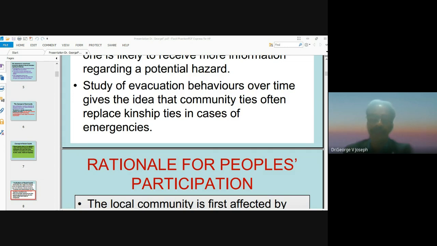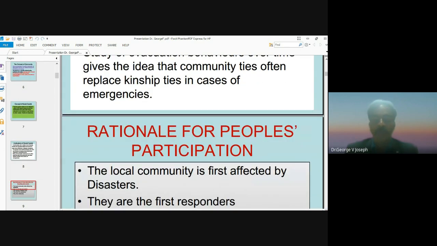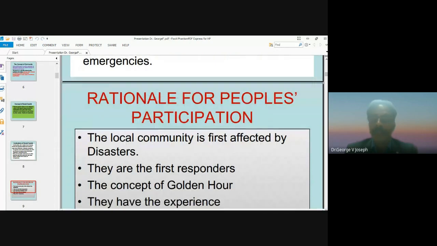So all these things call for people's participation in risk reduction activities. So the rationale for people's participation is that the local community is the first affected by disasters. Whenever there is a disaster, it is the community which is affected, and they are the first respondents. As you said, they are the first respondents.